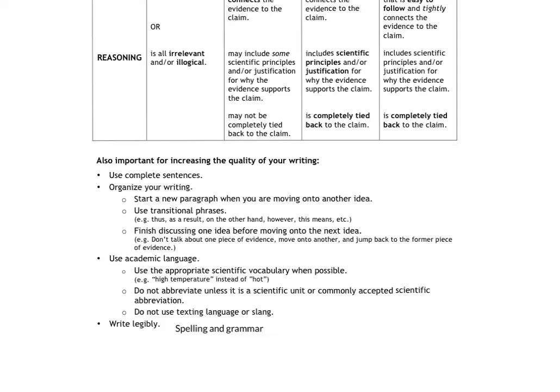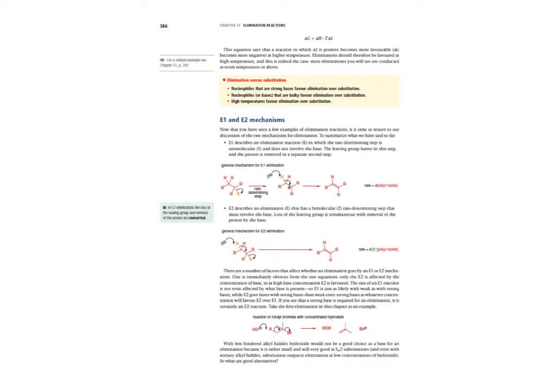I'll show some information from the textbook and point out that it is mostly claims and a little weak on the evidence. This is a page from the textbook. It should be familiar since you've already studied E1 mechanisms, and we will begin Chem 203Z with E2 mechanisms.